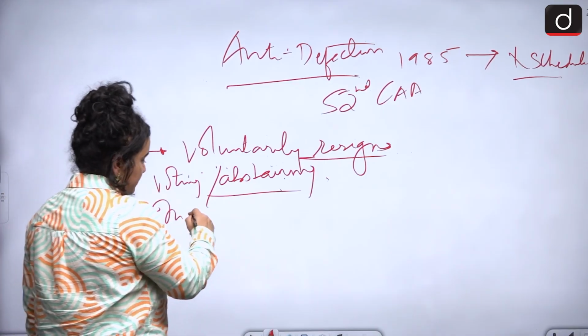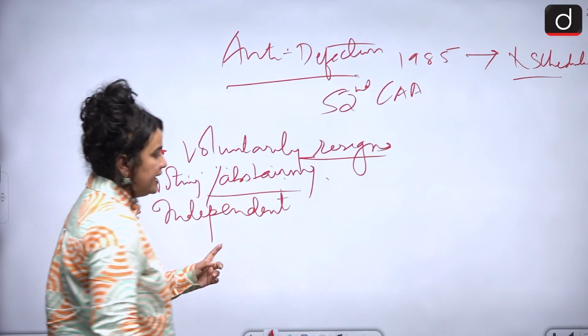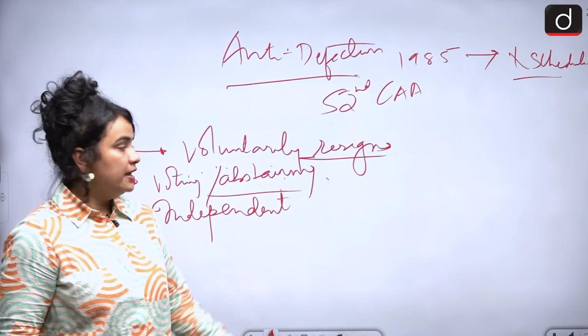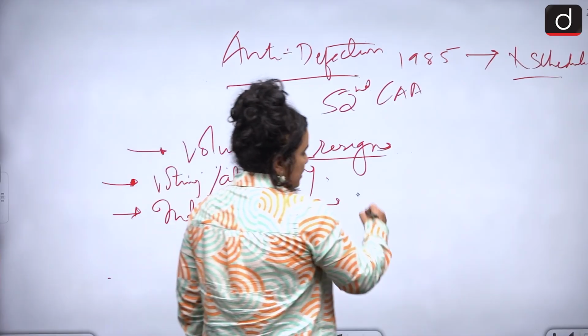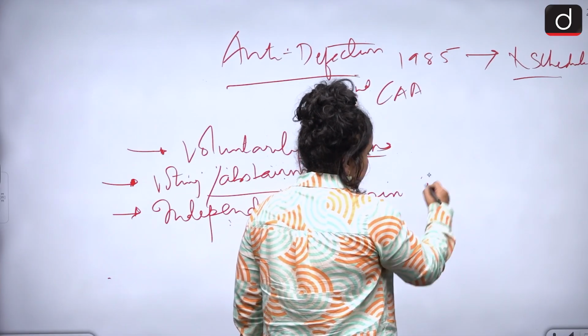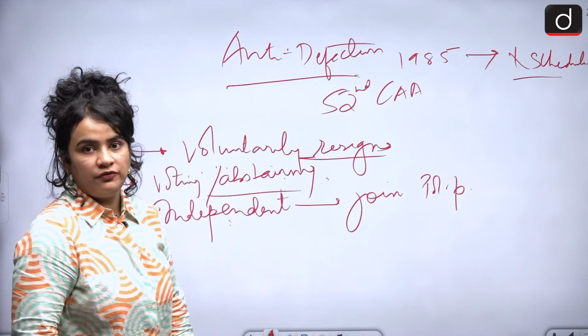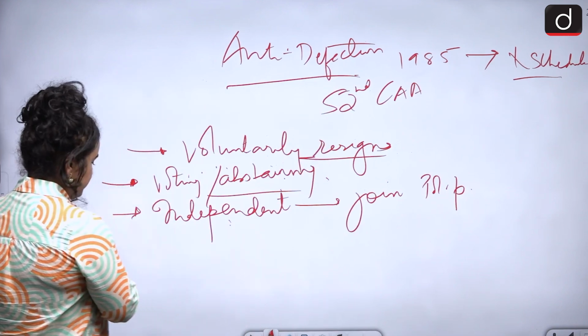If a person was elected as an independent candidate, meaning if the elected MLA or MP did not belong to any political party but chooses to join a political party after elections, then that person also faces disqualification under the anti-defection law. This would be considered defection.